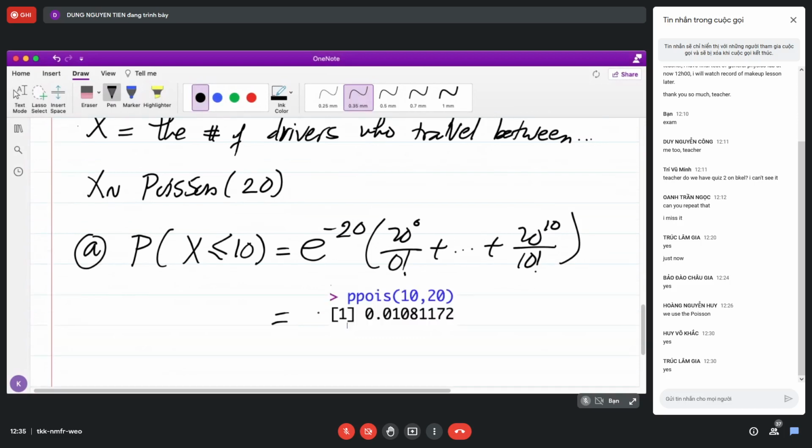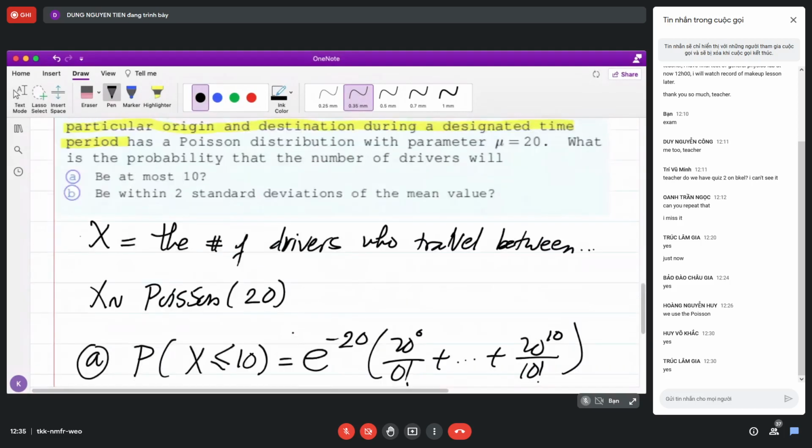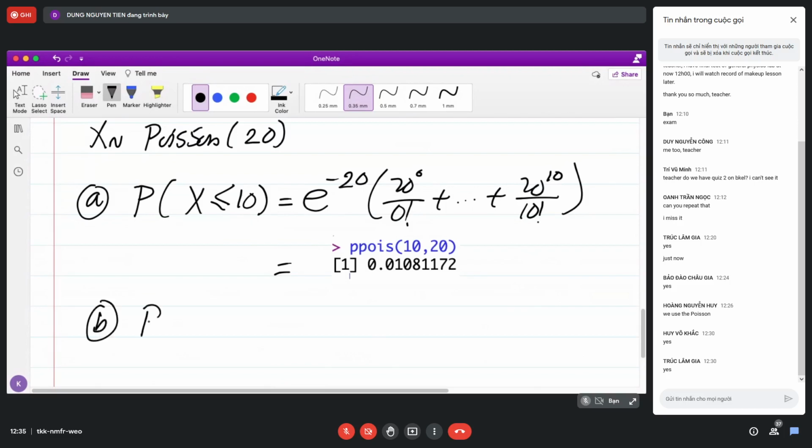It is about 10%. In question B, you want to find the probability that the number of drivers will be within 2 standard deviations of the mean value. So you want to find the probability that x minus the mean value is small. What is the mean value?